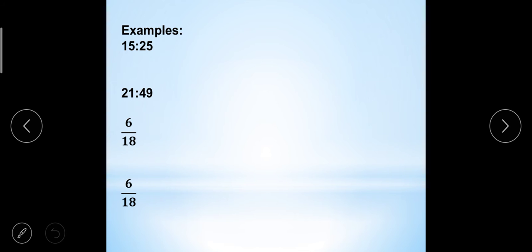Yes, pwede yung 3 sa 21. Pero pwede ba yung 3 sa 49? I don't think 3 can be divided with 49, or 49 is not divisible by 3. So think of a different number. Okay, very good, Adam. 7. So, the common factor of 21 and 49 is 7.